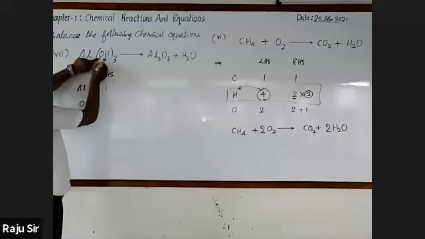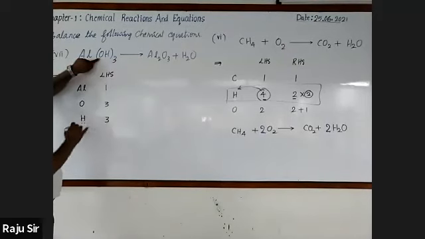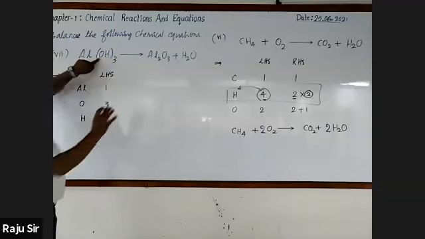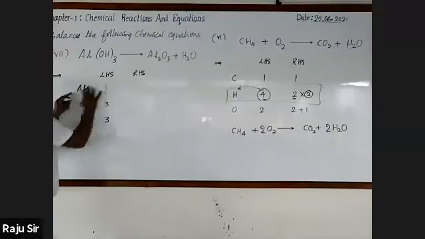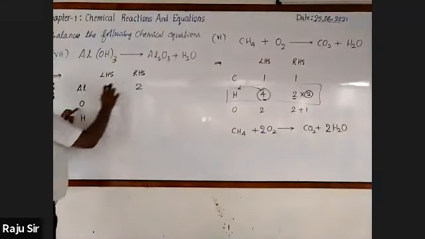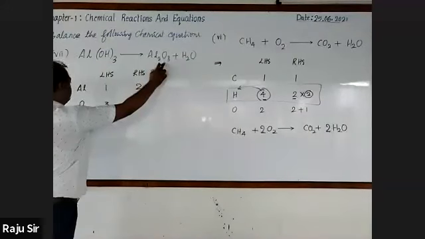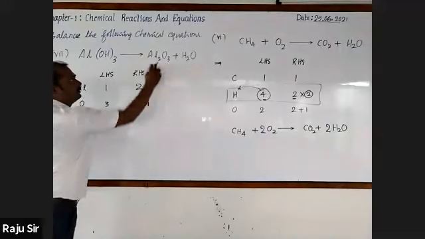So oxygen has 3 atoms and hydrogen has 3 atoms. Next, on the RHS, that is the product side, aluminum has 2 atoms, and oxygen has 3 plus 1, 4 atoms.